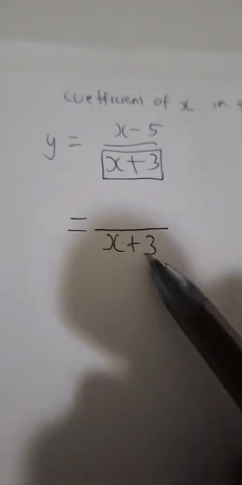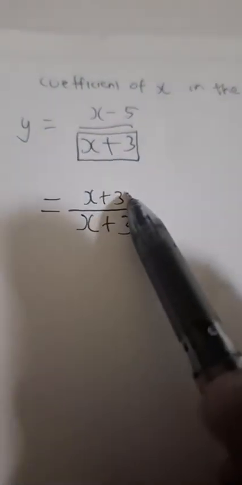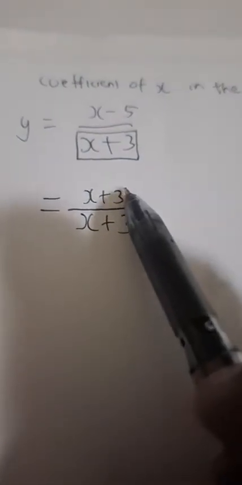So what we try and do first and foremost, you see this x plus 3, we need to make sure that we get that same x plus 3 in the numerator, the same as in the denominator.